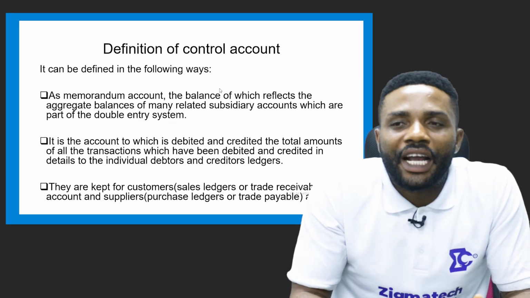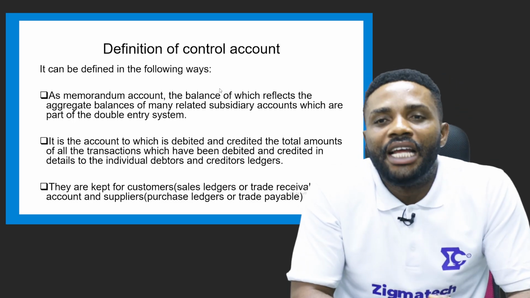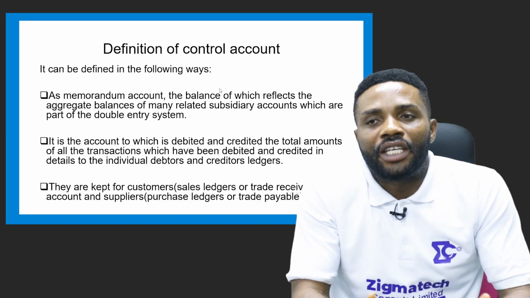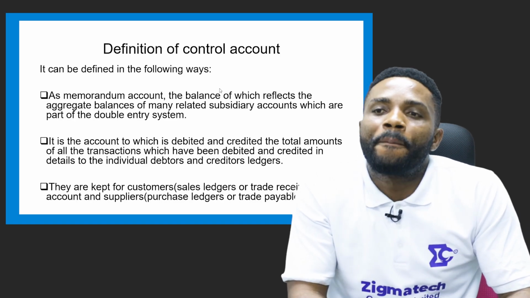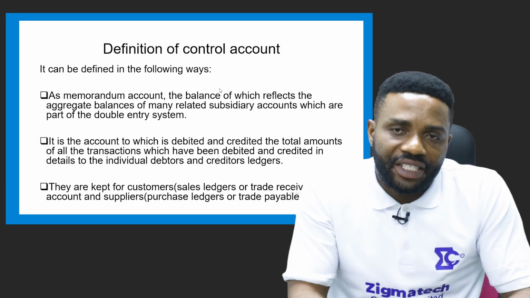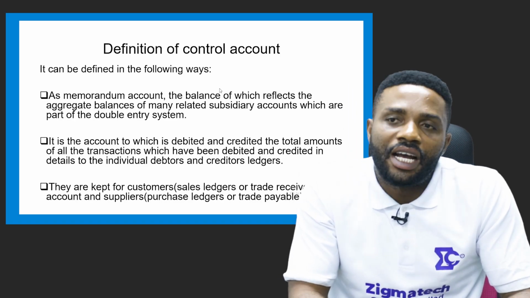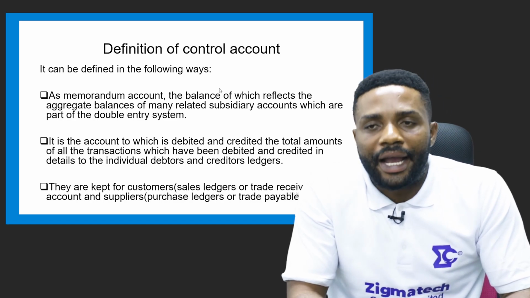And the third way we can look at control account is that they are kept for customers, in brackets, sales ledgers or trade receivable account, and then suppliers, purchase ledgers or trade payable account.